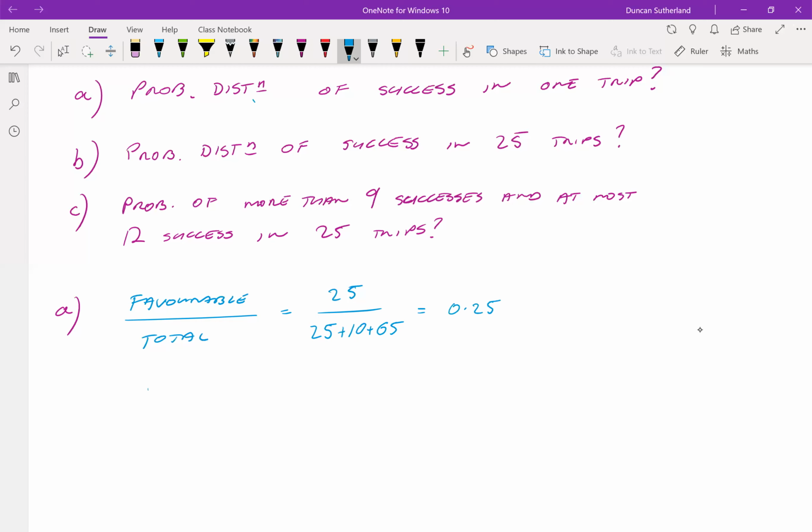So let's say our success, let's just call this a random variable X. So X, this twiddle in probability is read as "is distributed as" Bernoulli P. Bernoulli has one parameter, the probability of success, and it's 0.25 in this case.